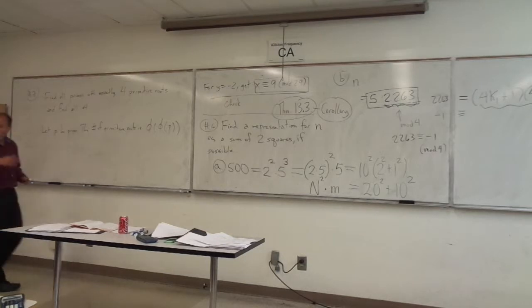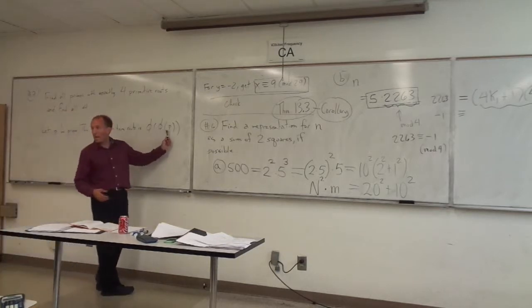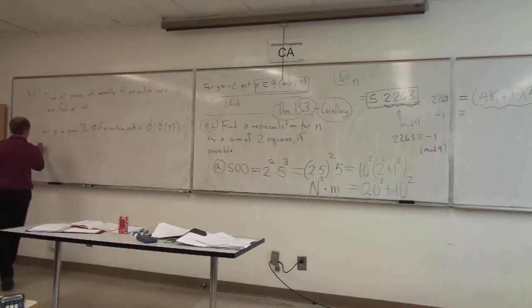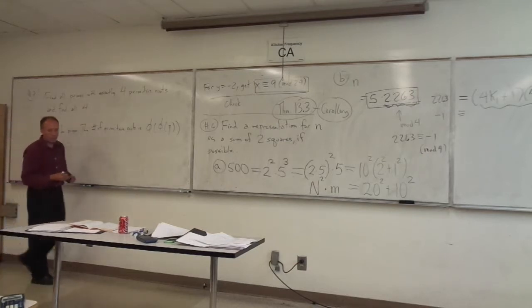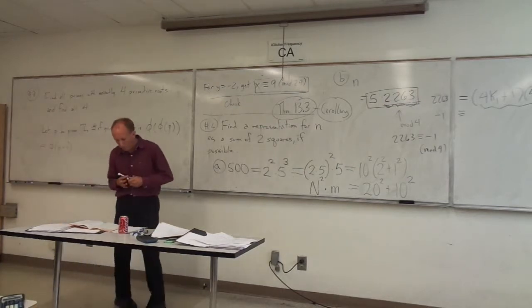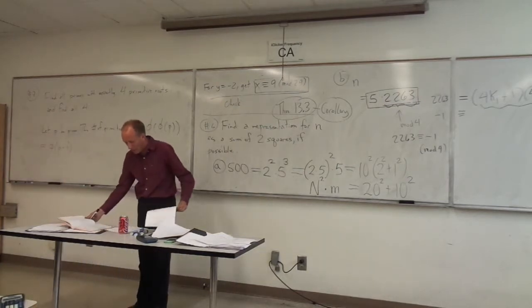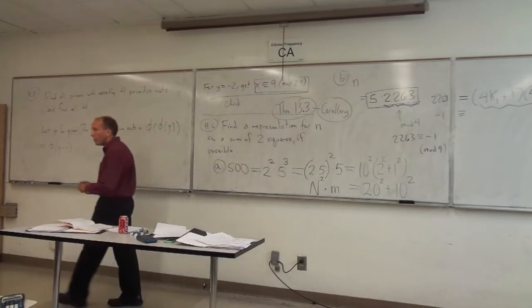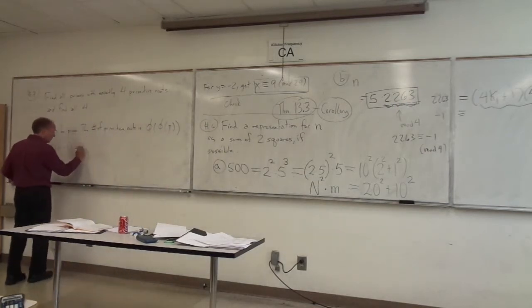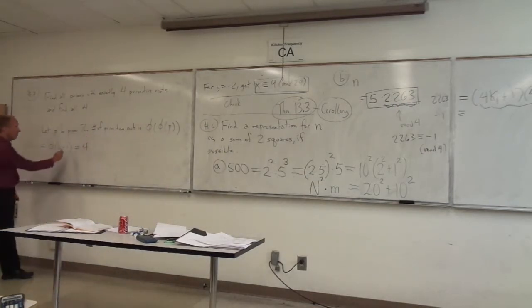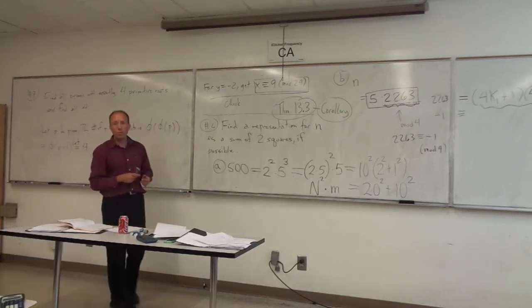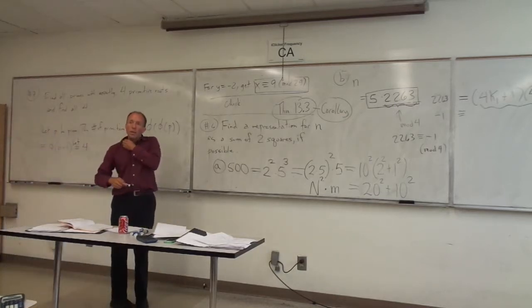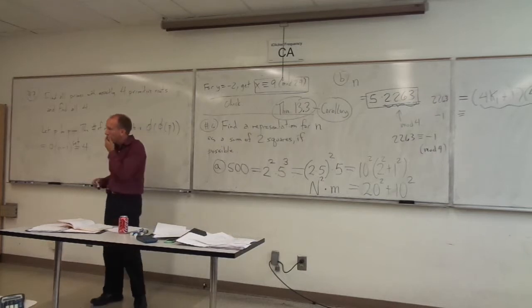It could be powers of primes or 2 times powers of primes. But for a prime, what is phi of p equal to? p minus 1. Okay, so we at least know that much. We would like to set this equation equal to 4, basically, and we want to know which primes have 4 primitive roots.